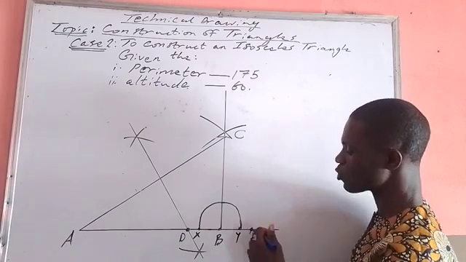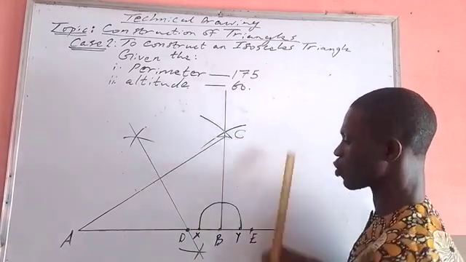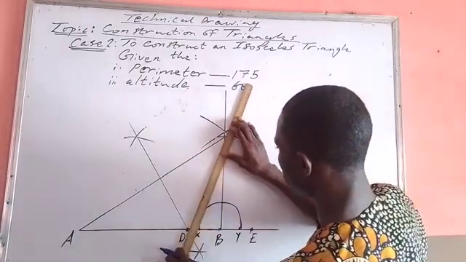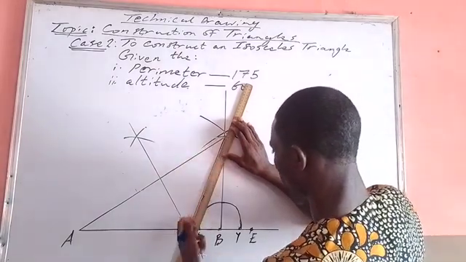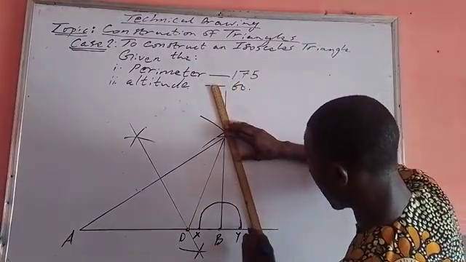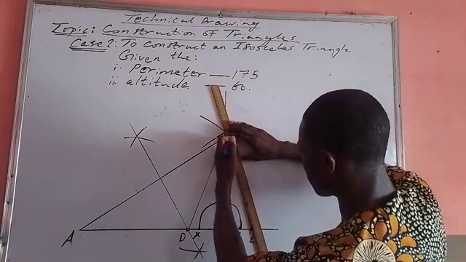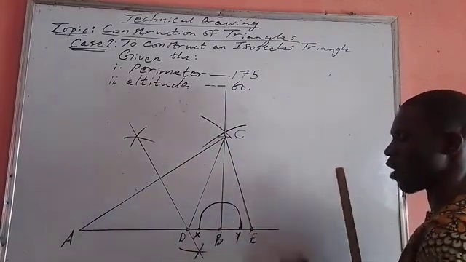Okay? So now, to bring out the isosceles triangle, with this point C here, we join CD together with a straight line, and then point CE, join them together with a straight line like this. So you can see that the isosceles triangle has been formed.